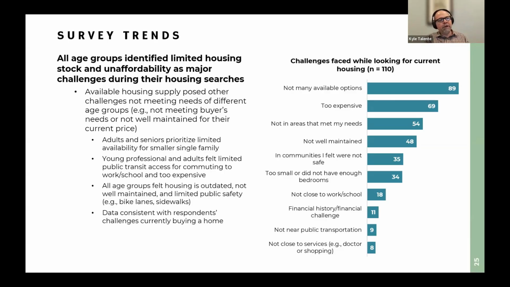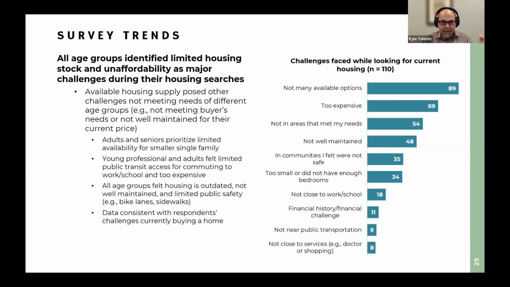And I want to talk about the fourth one very quickly, which is something that we heard anecdotally and through the interviews that we've done with real estate experts and community leaders, is not well maintained. And the reason why that's important for us is that what we heard is the houses that are quote unquote more affordable in the county, for example a single family home that sells for 150 or 200 or $250,000, oftentimes has condition issues where you have to invest tens of thousands of dollars more to get them to the point at which you would want them to be able to live.